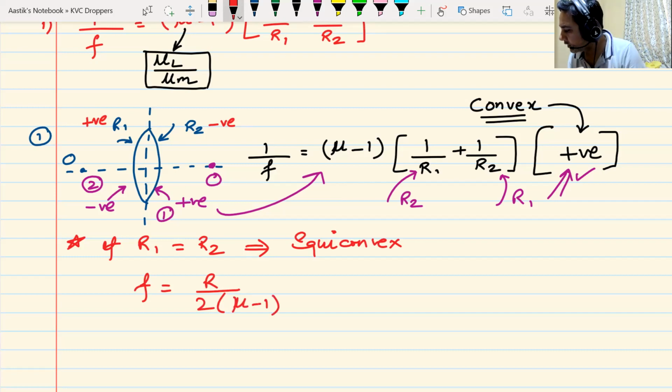Or I have written it the other way around. That will be the focal length for an equiconvex lens. Do we understand this? Yes, sir. Please note it down.